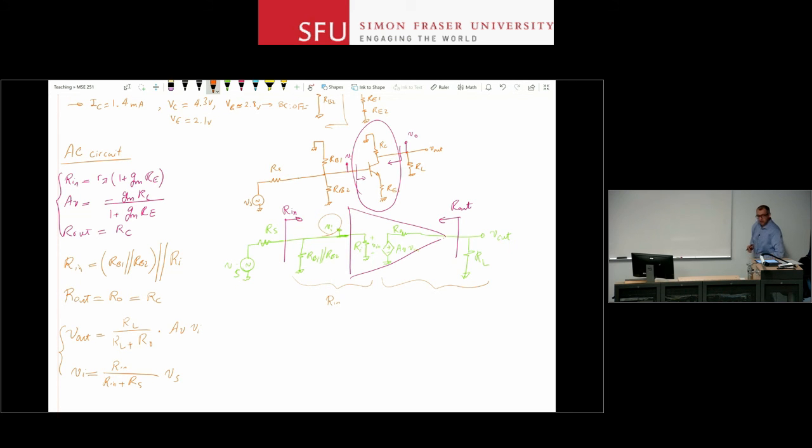Well, look at that. I can eliminate Vi from these two equations and have my Vin to Vout relationship. So from this I can show that Vout is RL over RL plus RO times Av times Rin over Rin plus Rs times Vs. Okay, so this is for Vi. I'm done. I can actually put in values in there and calculate the actual value of gain.